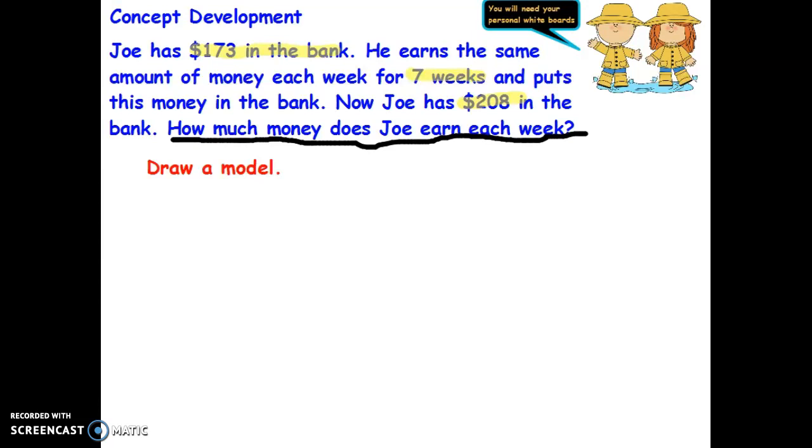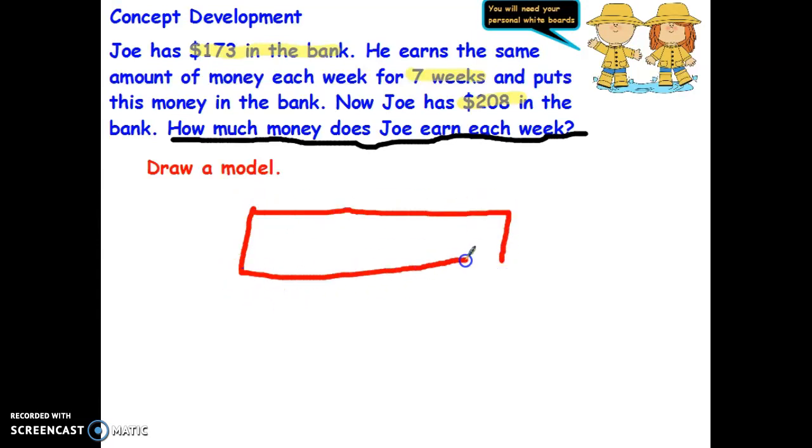Well, remember, when we're doing the read, draw, write, we can also draw a picture to help us solve our problem here. Well, I know that Joe has a total of $208. However, before he started earning all of his money, I can see here he had 173.